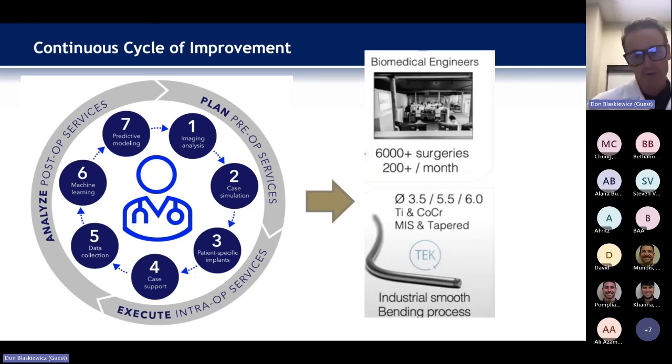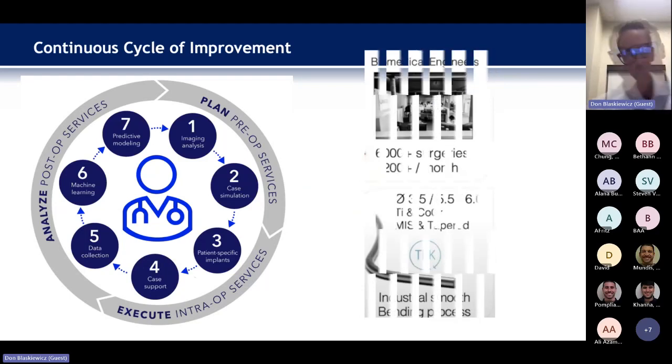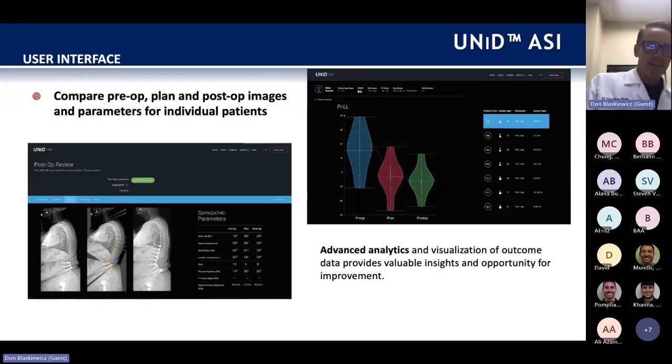Rods are available in 3.5, 5.5, 6.0, titanium, cobalt chrome, MIS, and tapered rods. And then afterwards, the great part about this is you can compare your pre-op plan and post-op images and parameters for the individual patient.